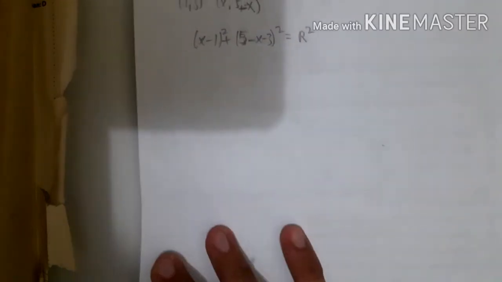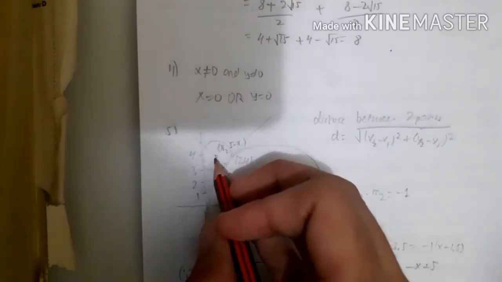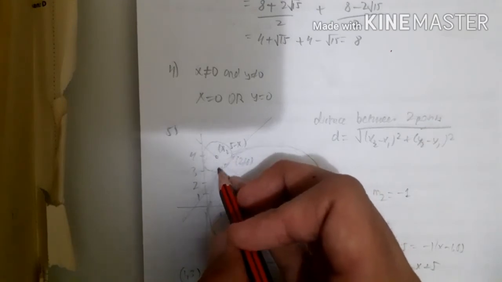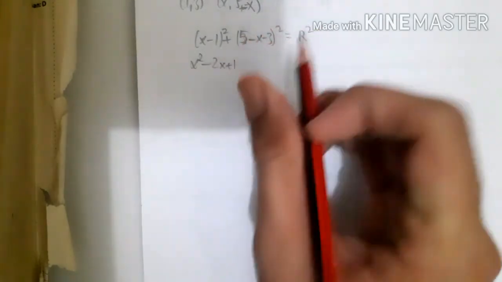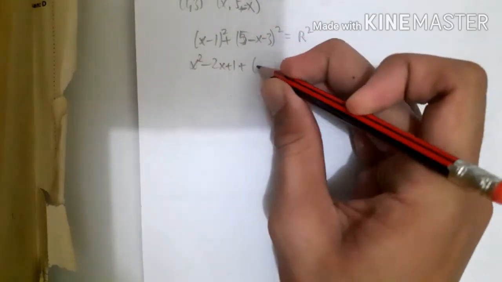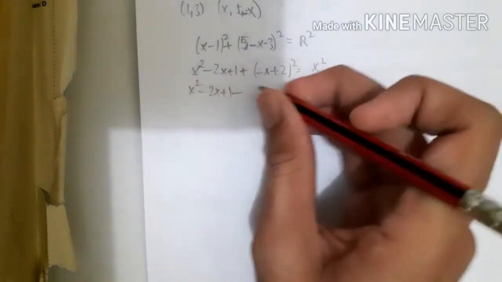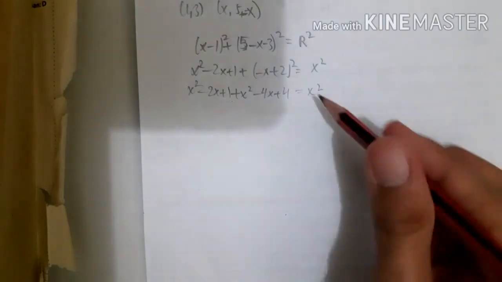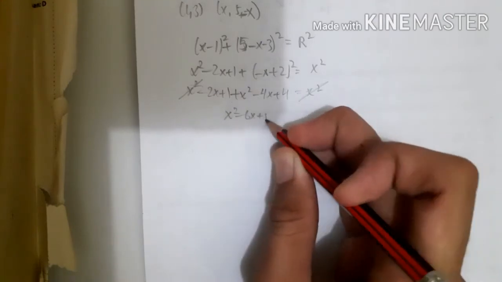And the radius is actually the length x, because the distance from the center to the y-axis is x, and it is the radius. So x squared minus 2x plus 1, plus minus x plus 2 squared, equals x squared. So x squared minus 2x plus 1 plus x squared minus 4x plus 4 equals x squared. Cancelling, we get x squared minus 6x plus 5.